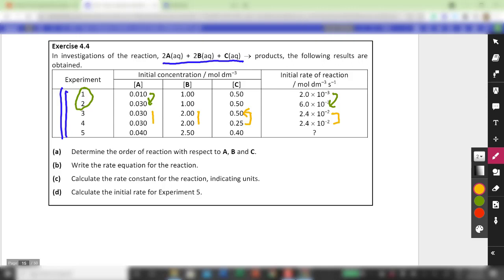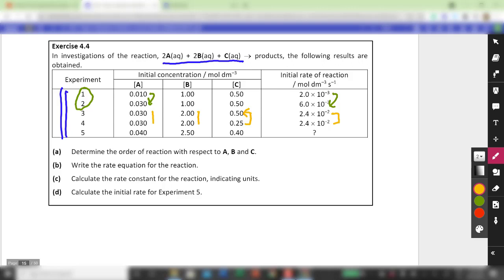So when you're looking at this, what you can say is that keeping concentration of A and B constant at 0.030 and 2.00 moles per unit respectively, when I double the concentration of C, the initial rate remains constant. So in this case, any change in concentration of C will not lead to a change in initial rate. This is typical of zero order kinetics.